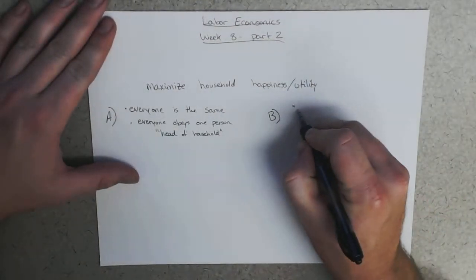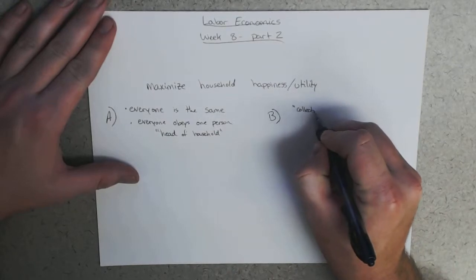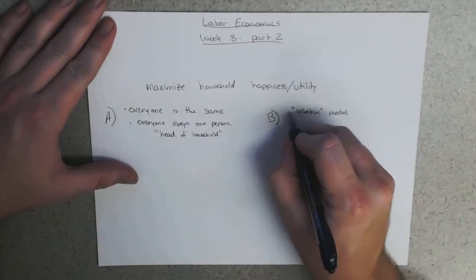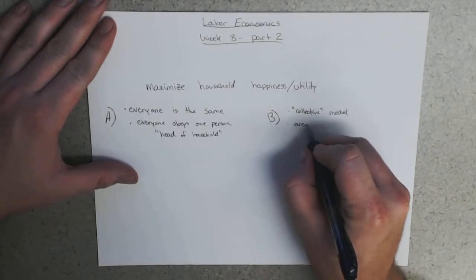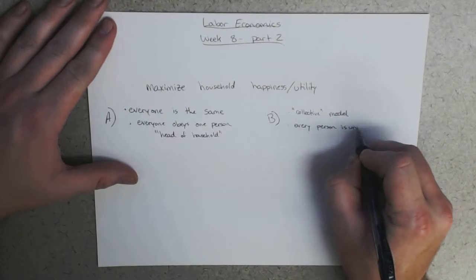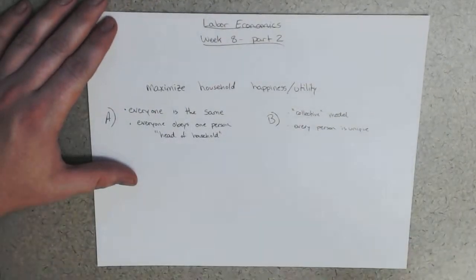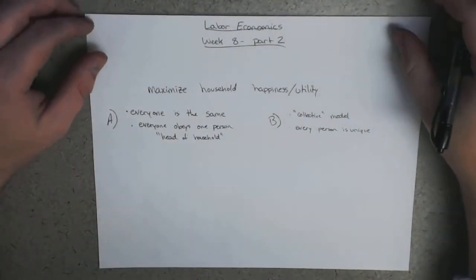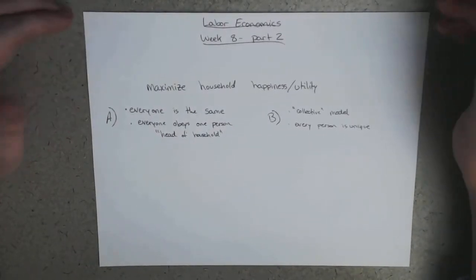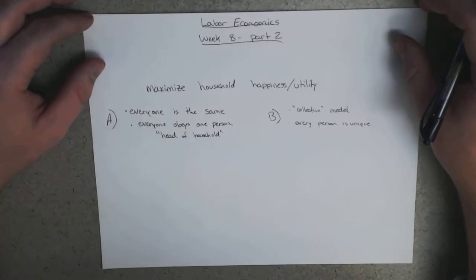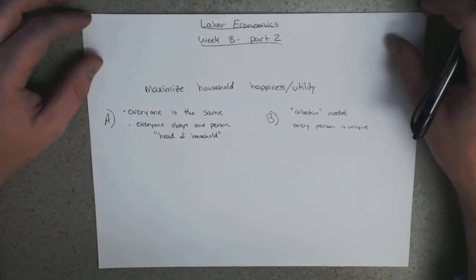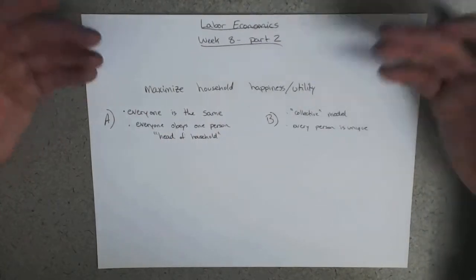In the collective model, every person is unique, and not just in terms of their wants and desires, but also their capabilities to produce anything. So maybe one person in the house is really good at household construction, and the other one is very good at earning income.